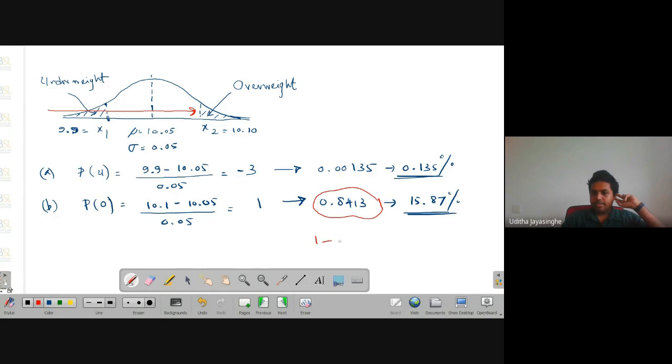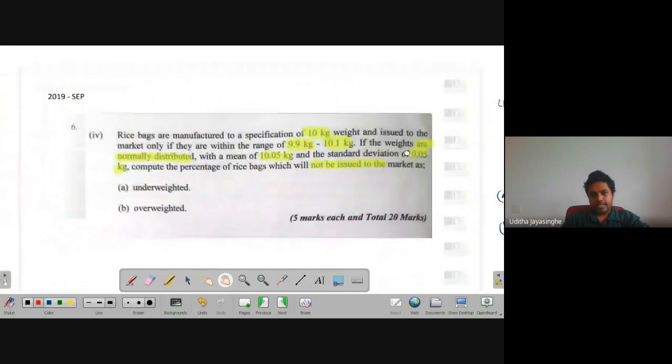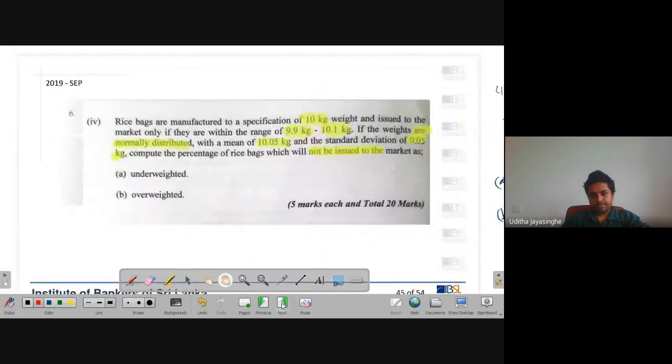That means 1 minus 0.8413 is going to be my answer. Or in words, there is a 15.87% of rice bags which will not be issued to the market because they have been overweighted. See the application of both sides, under and over.